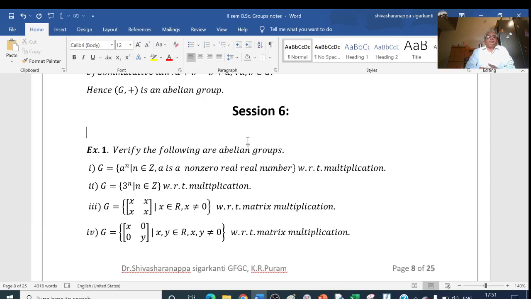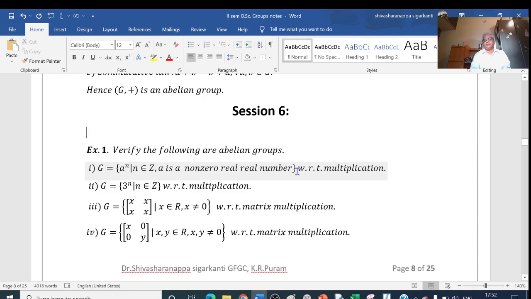In this video, we verify whether some given sets are abelian groups or not with respect to the given operation. First one: G equals the set a to the power n, where n belongs to Z, that is, n is an integer, and a is a non-zero real number, that is, a belongs to R and a is not equal to 0.